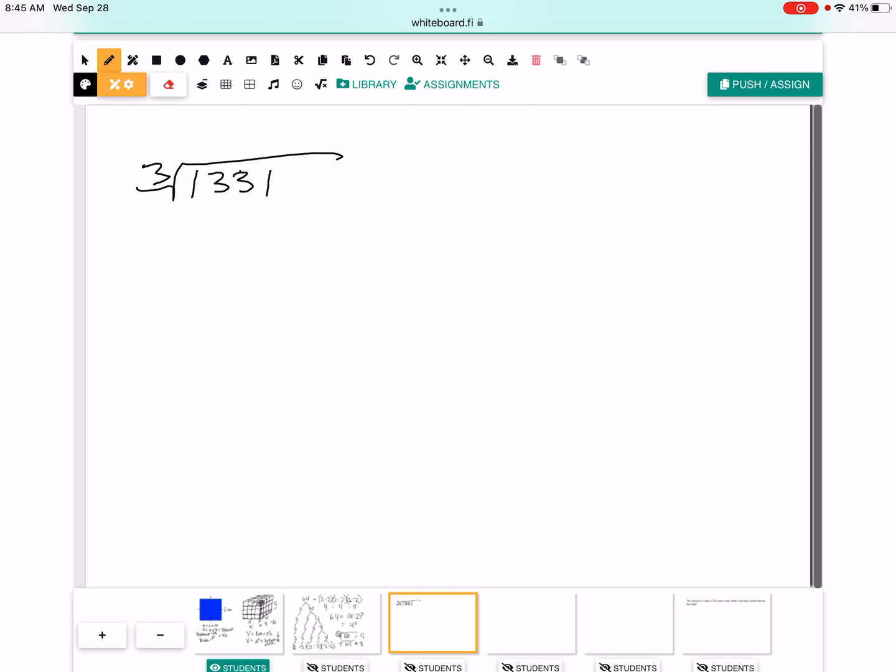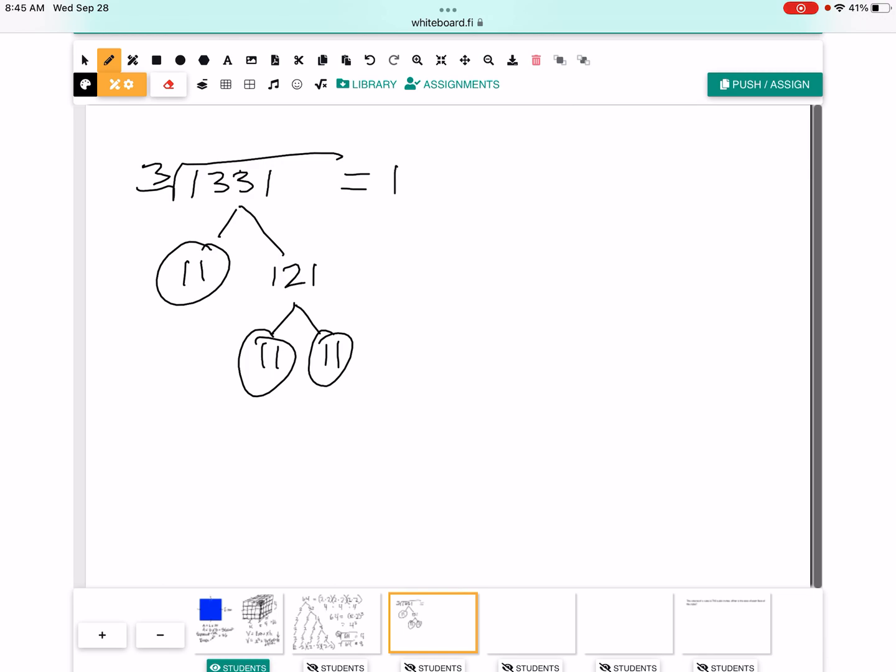I know that it won't divide by a 5 because it doesn't end in a 0 or a 5, and it's not got a 7 in it. So the next prime number is 11, all right? And so I'm going to factor 11, and I get 11 times 121 gives me 1,331, and I know that 121 is 11 times 11. So there you see I've got 3 identical factors that I can use. So the cube root of 1,331 is 11.